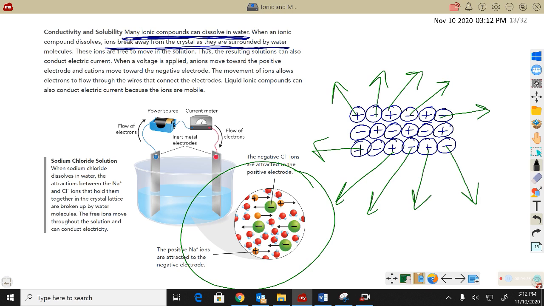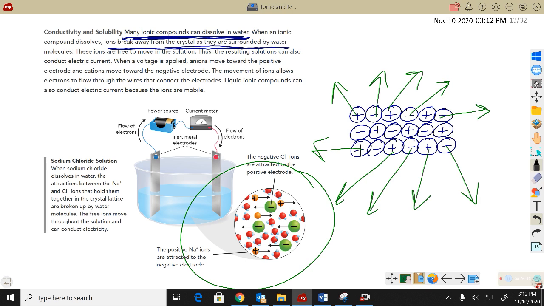But as long as there's still water present, the little ions swim around and intermingle with the water molecules. A lot of ionic compounds are water soluble in that they're very attracted to water molecules, and that helps to separate each little ion from the crystal.